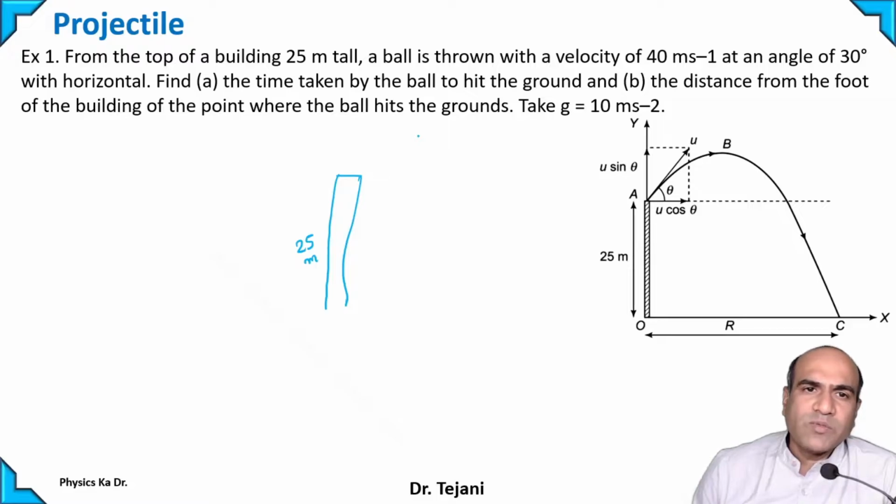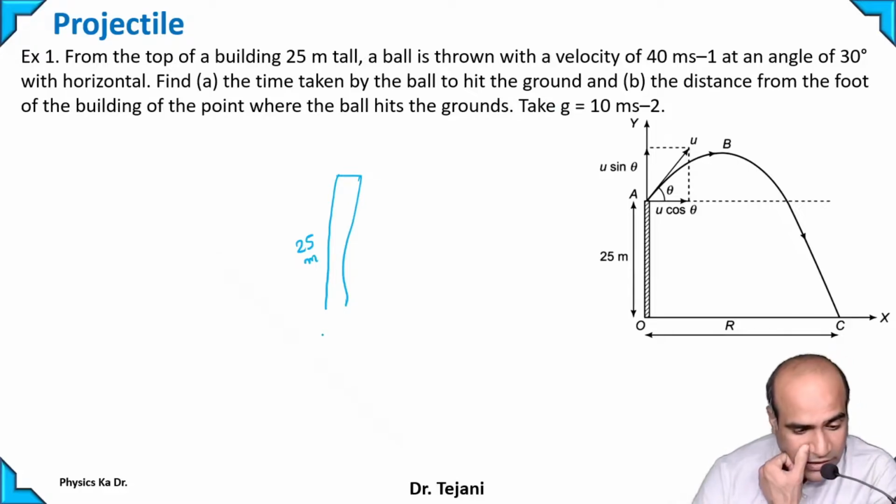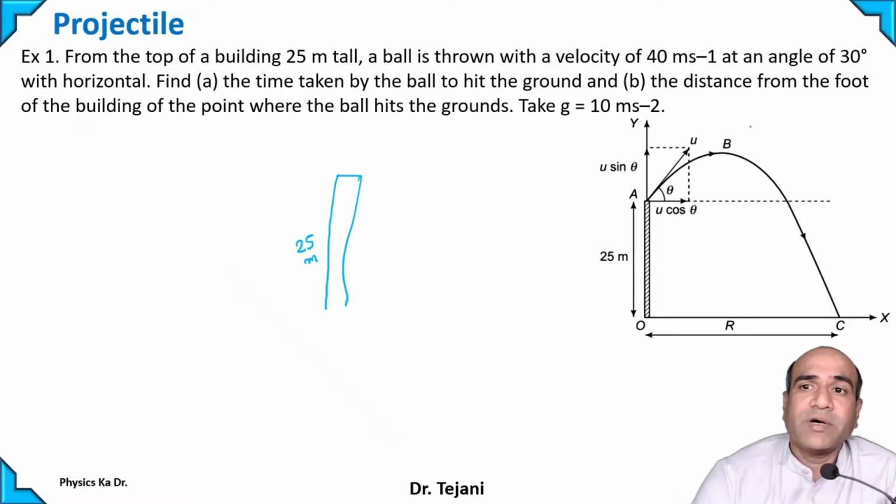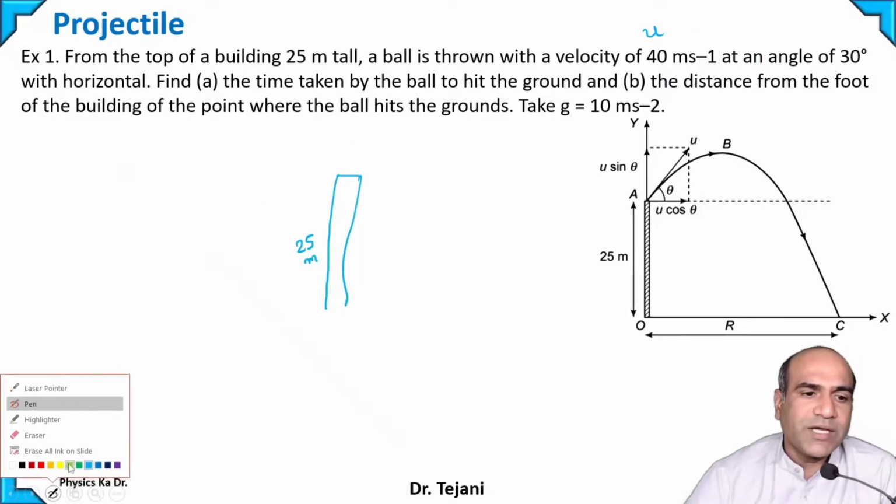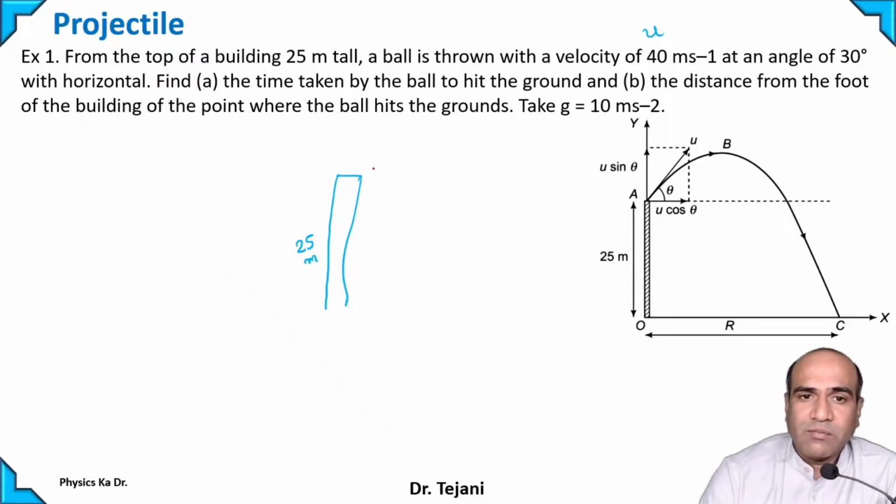From the top of the building, 25 meters tall, a ball is thrown with a velocity of 40 meters per second. That means it is the initial velocity, u, at an angle of 30 degrees with the horizontal. Here the object is not thrown horizontally, but at an angle with reference to the horizontal axis.